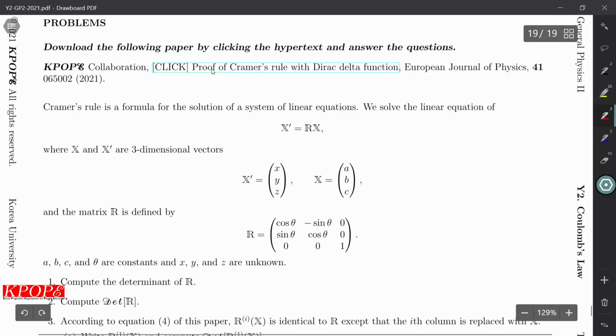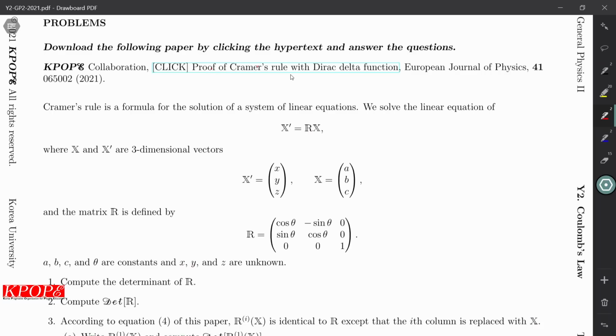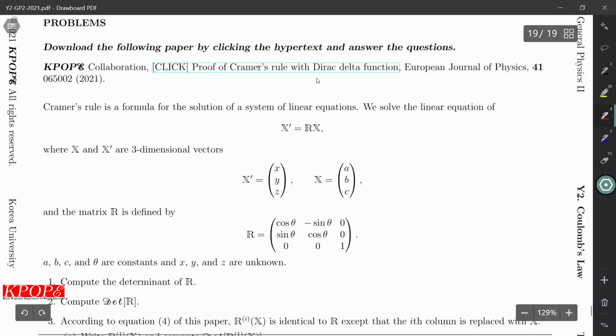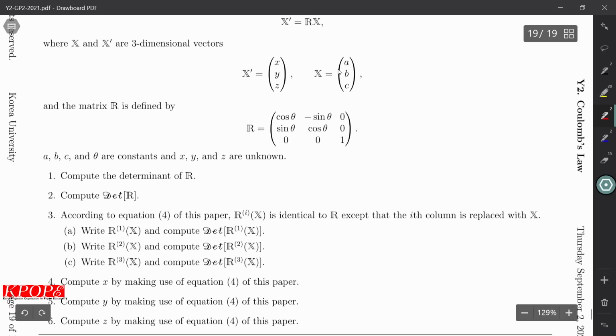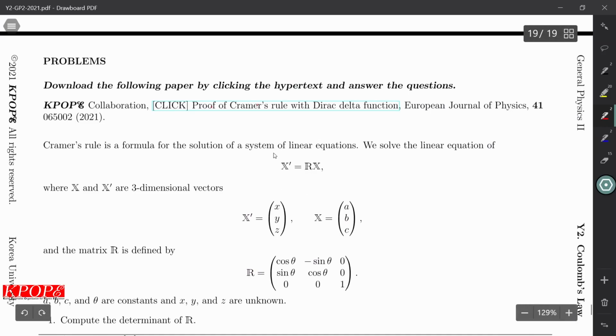Again, it does not appear in my presentation notes, but on your computer you can click this hypertext, then a reference appears, and read it through to learn how to compute the inverse matrix and how to solve a very simple linear algebraic equation.